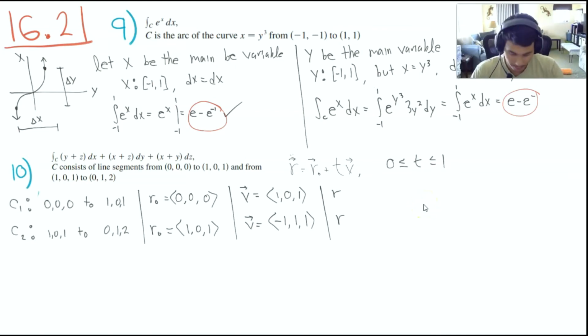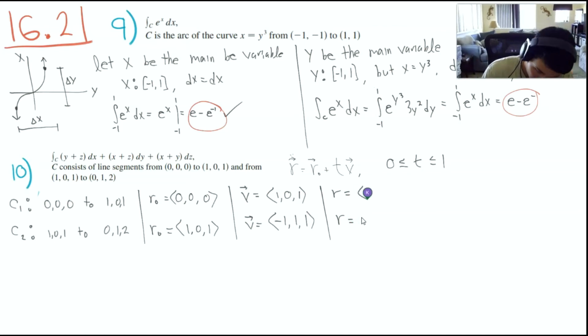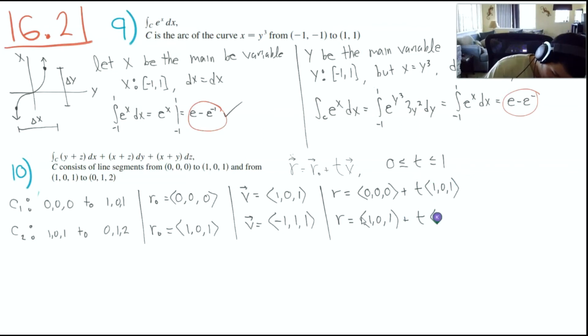So now we can just find our vector r. That's what we want to do. Our vector r is going to be 0, 0, 0 plus t times 1, 0, 1, and the second one is 1, 0, 1 plus t times negative 1, 1, 1.